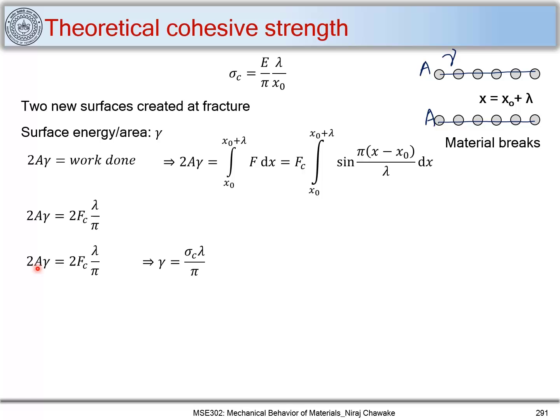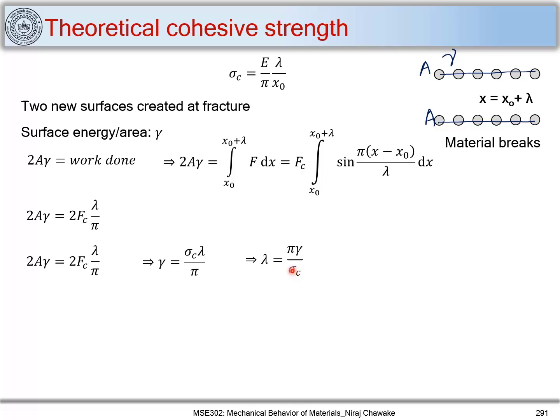So you bring this a here and you convert this fc upon a to be sigma c, and thus we get the surface energy to be equal to sigma c lambda upon pi, and this lambda we can find out from this relation to be pi gamma upon sigma c.